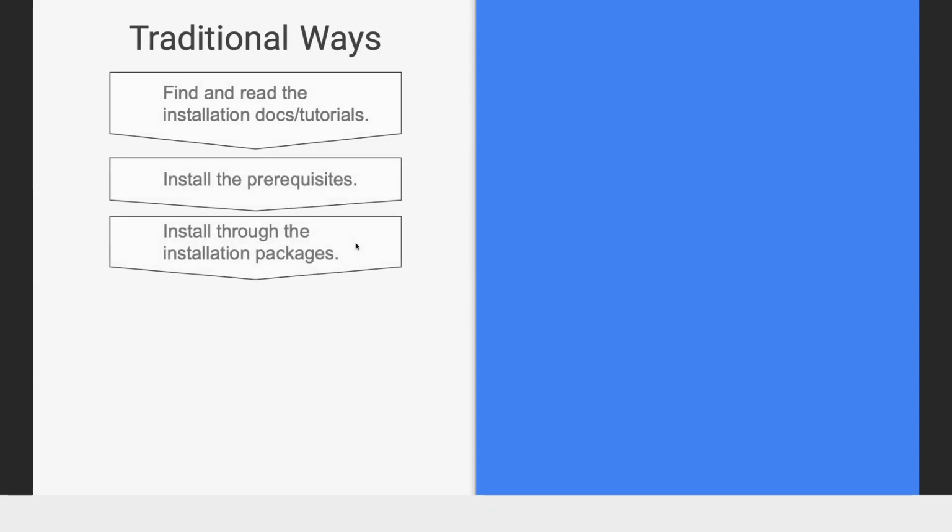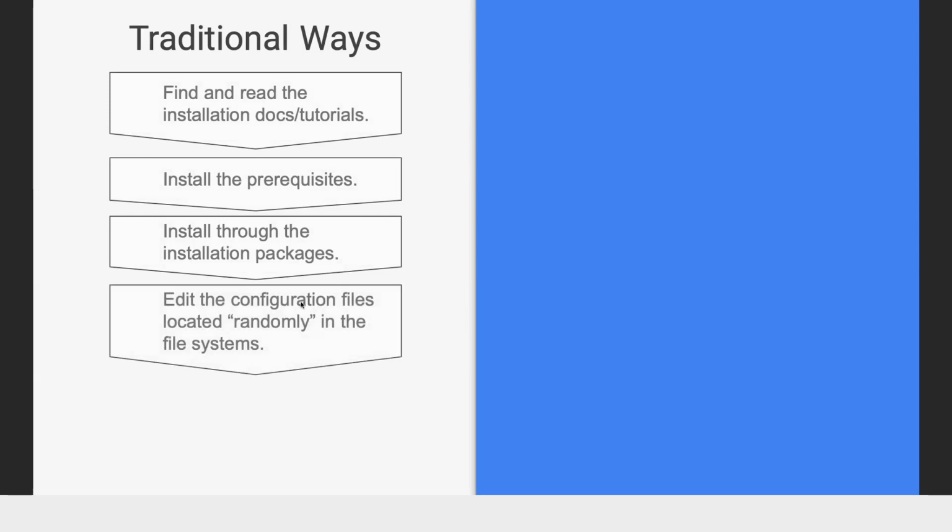The traditional way to do this is to find the official website and read the notes or the tutorials, install the prerequisite software, then install through the installation packages, whether it's in DEB, RPM, or compile from source code. Then we need to add the configuration files located randomly in the file system.